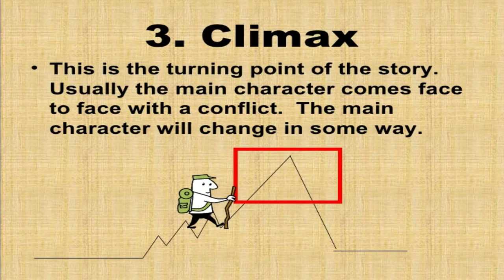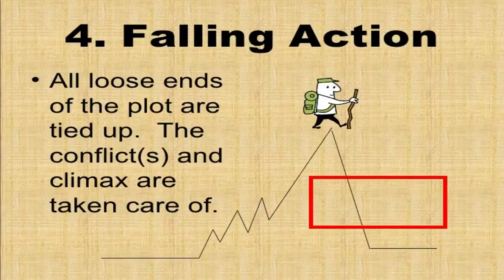Once we have the climax, we have an easing of tension, and that's the falling action. When you're reading a book, if you're getting close to that climax, you might find that you don't want to take a break. You might be leaning forward into the book. If you're at a movie for the climax, you might be leaning forward in your seat, but all of a sudden you get this release of tension at the falling action.